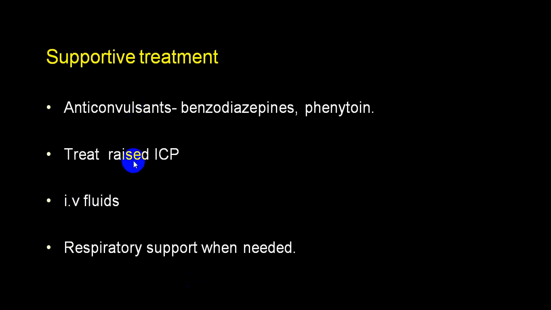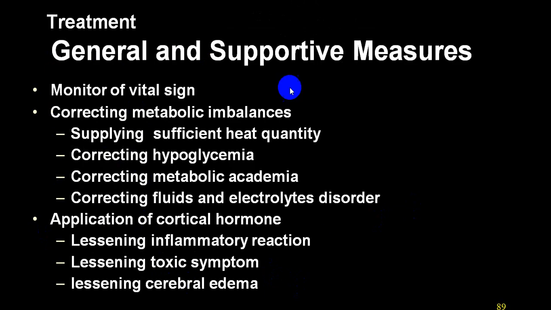Anticonvulsants, treatment of raised intracranial pressure, IV fluids, and respiratory support may be required as supportive treatment. Metabolic imbalance treatment, correcting hypoglycemia, correcting metabolic acidosis, fluid balance and electrolyte balance should be corrected.